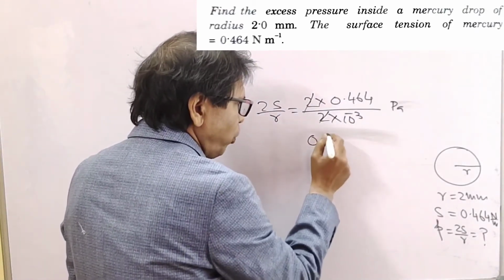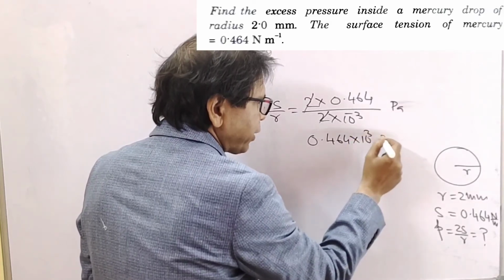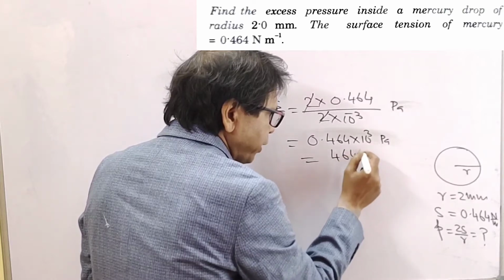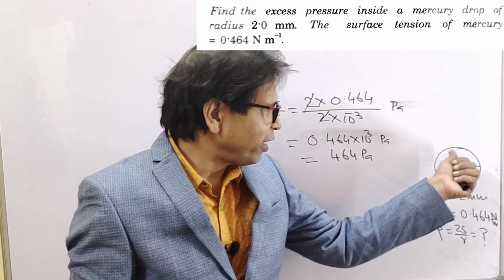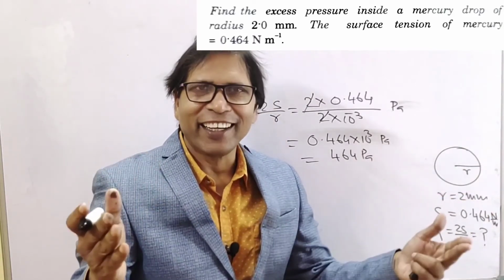So 0.464 into 10 to the power 3 Pascal equals 464 Pascal is the excess pressure exerted by the liquid surface in contact with air.